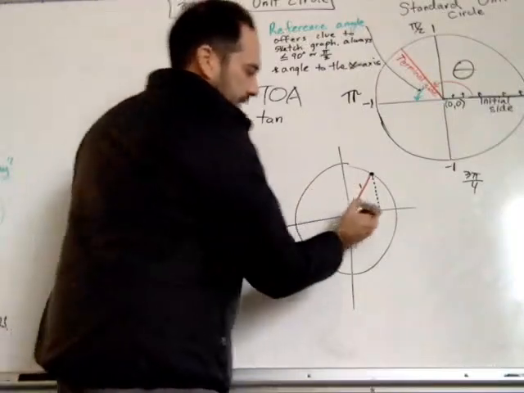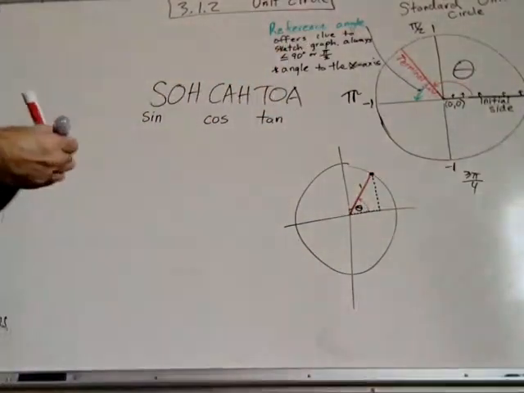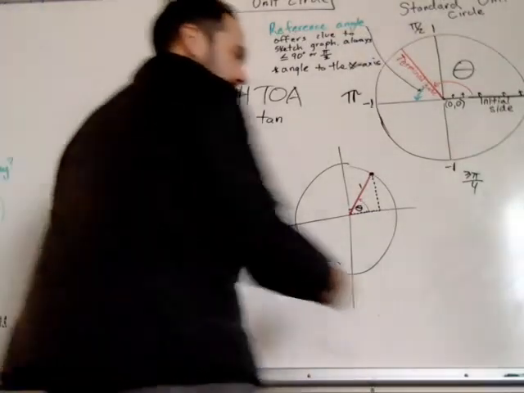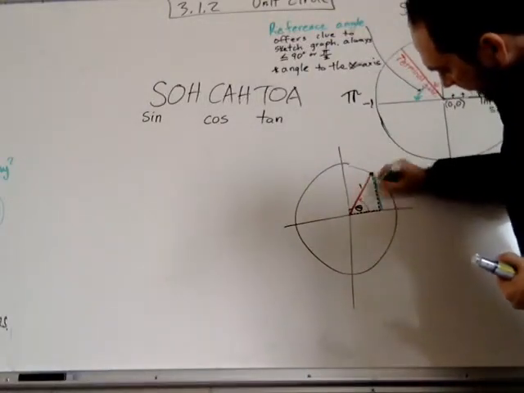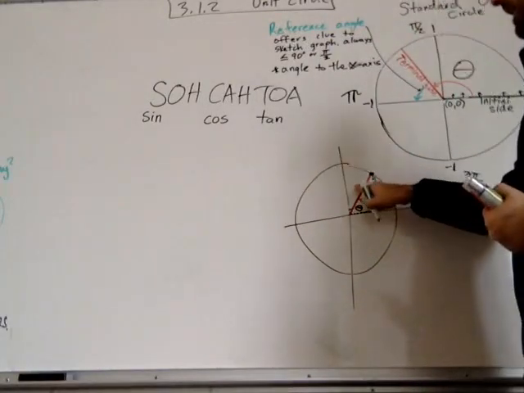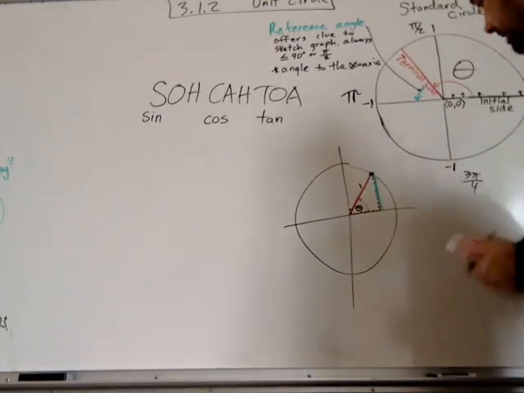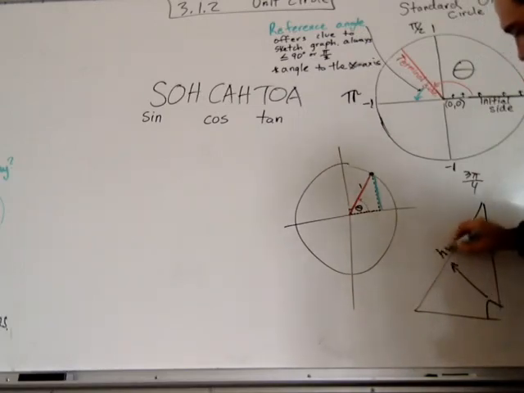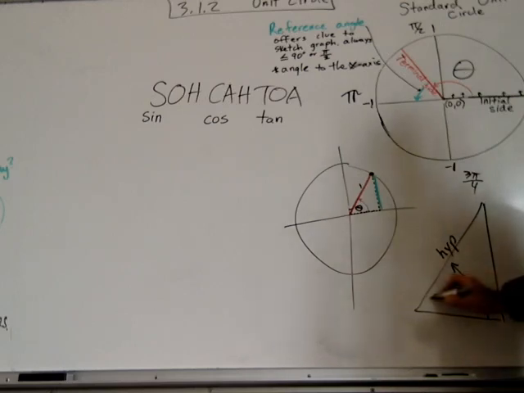So what I know is, here's my theta, right? And let's say I want to find this side right here. I know the hypotenuse is across from the right angle. This is the hypotenuse. And if I have theta right here, this is the opposite.